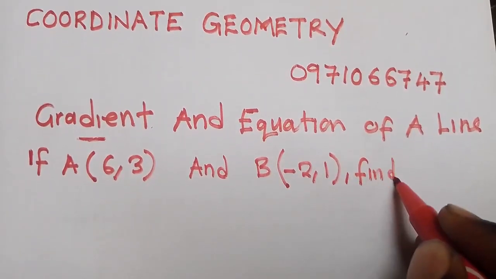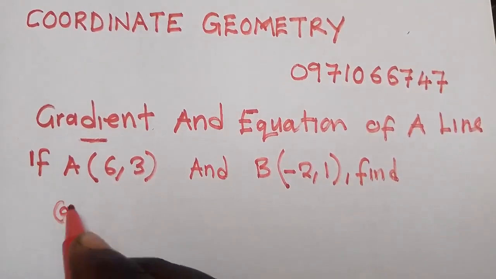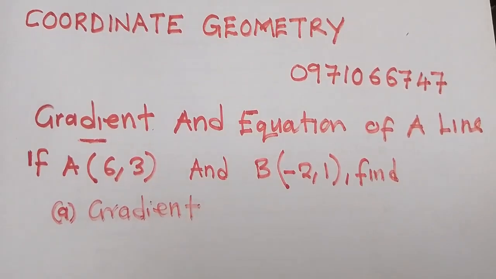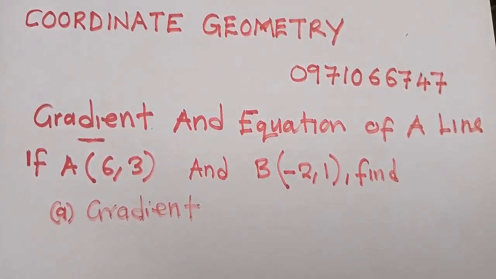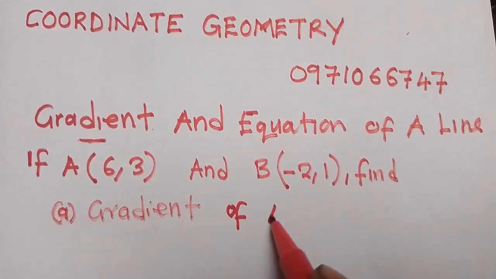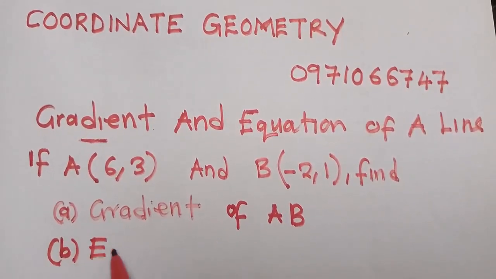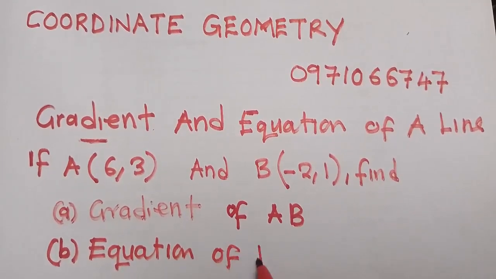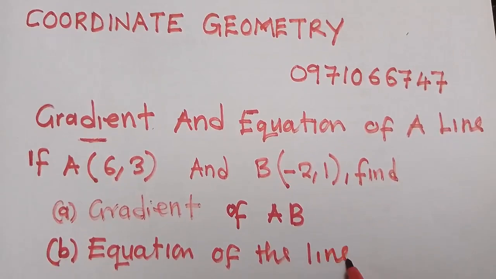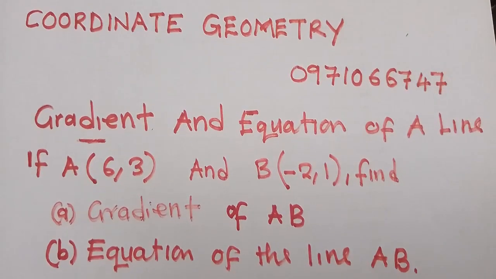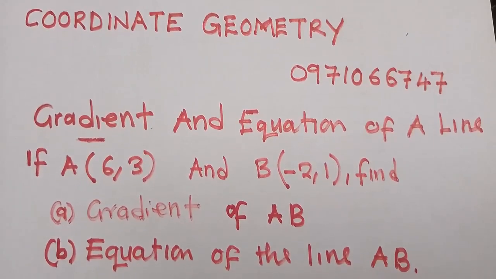First, we are told to find the gradient of AB. Secondly, we are told to find the equation of the line AB. So these are the 2 questions that we are going to talk about.